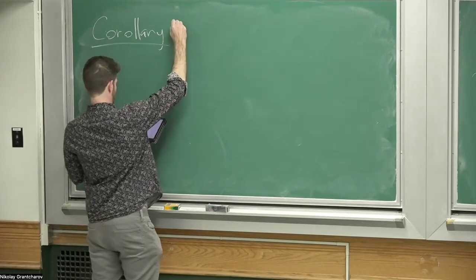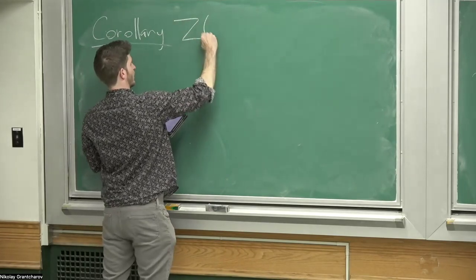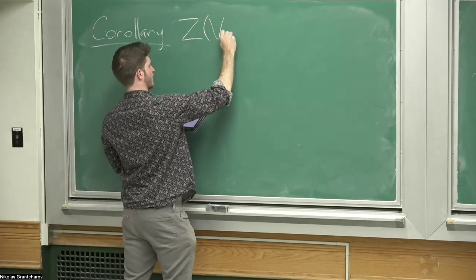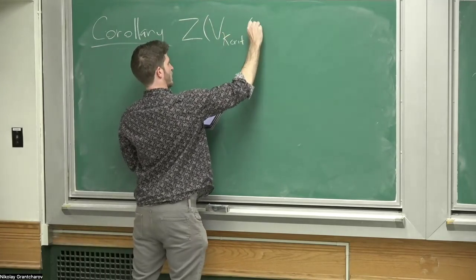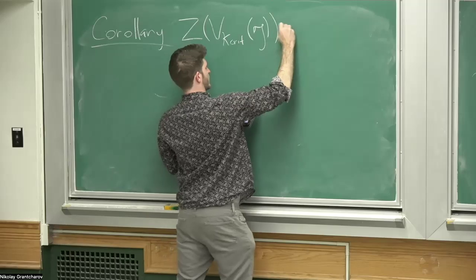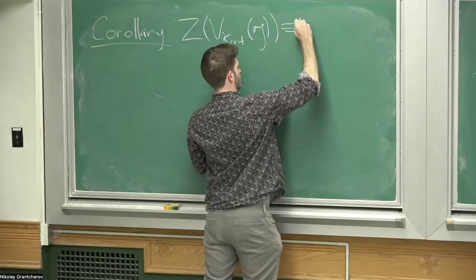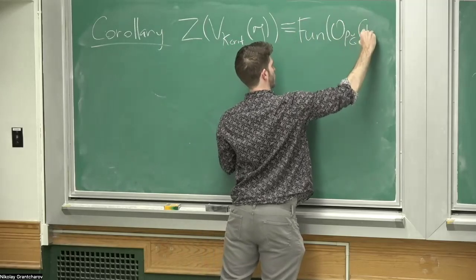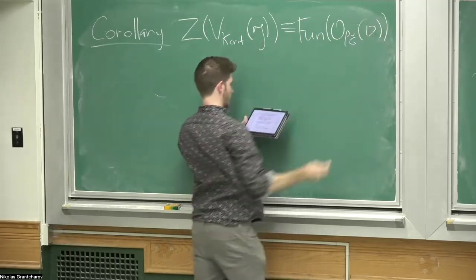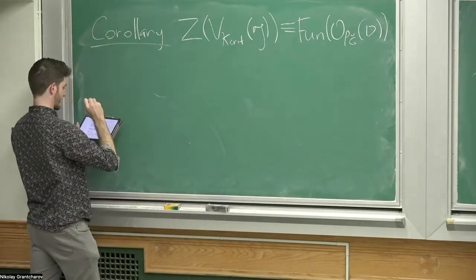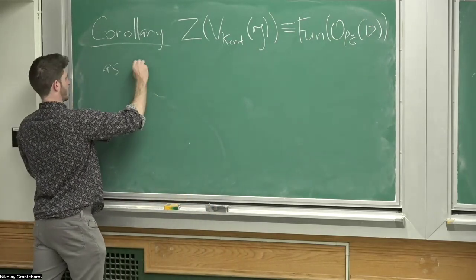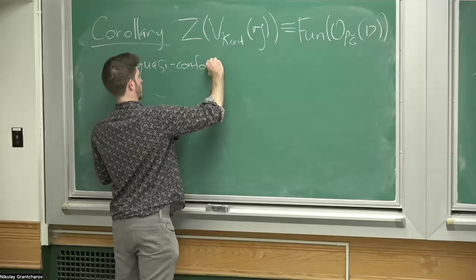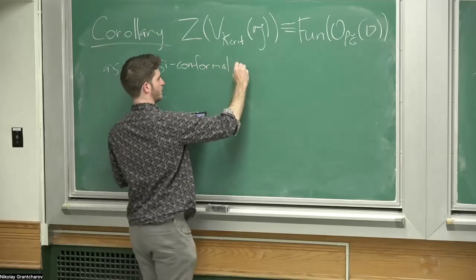Corollary, and maybe what I'm about to say is kind of silly, so you can tell me: this center at critical level is canonically isomorphic to functions on opers on the disk for the Langlands dual group. And here Langlands duality is appearing. So the right-hand side is what was defined last time, again as quasi-conformal vertex algebras. Commutative.